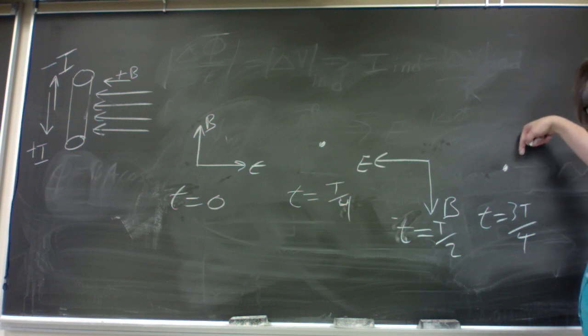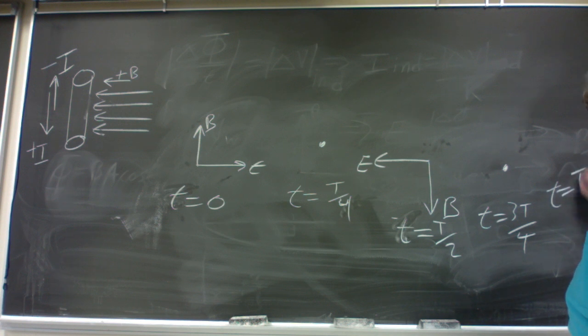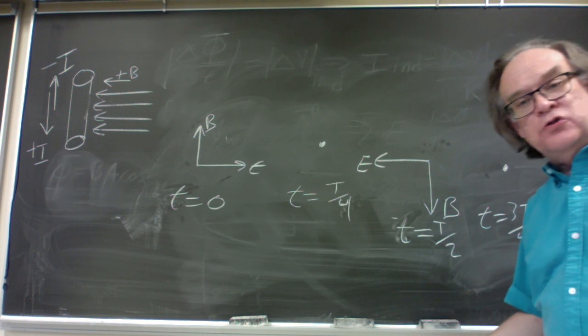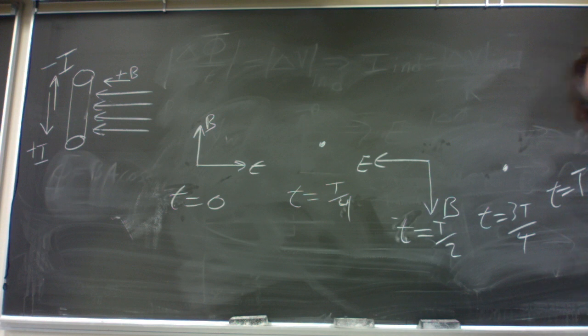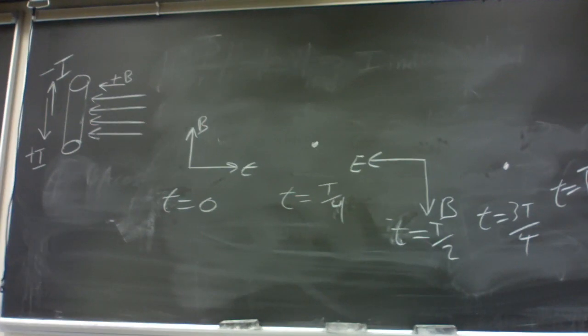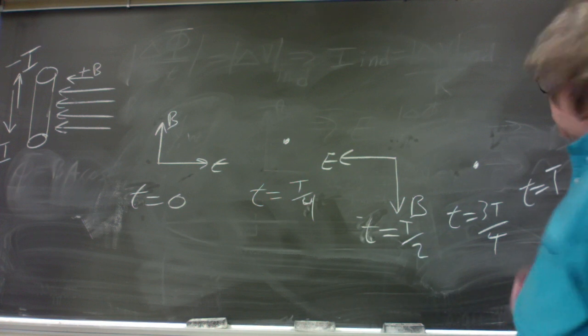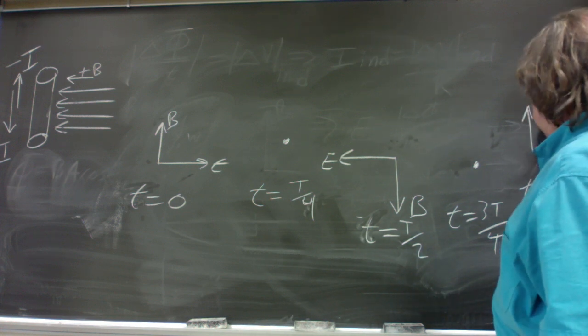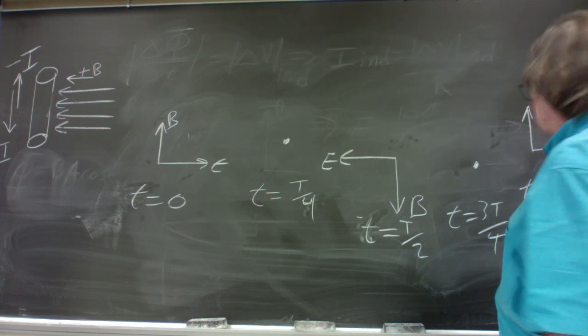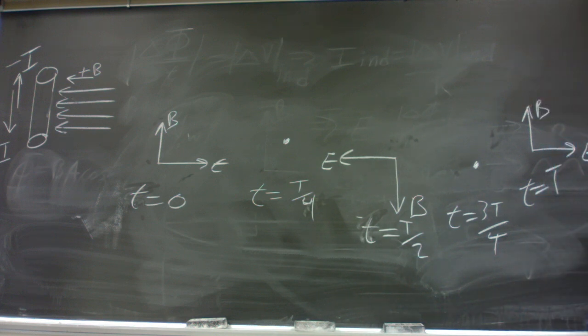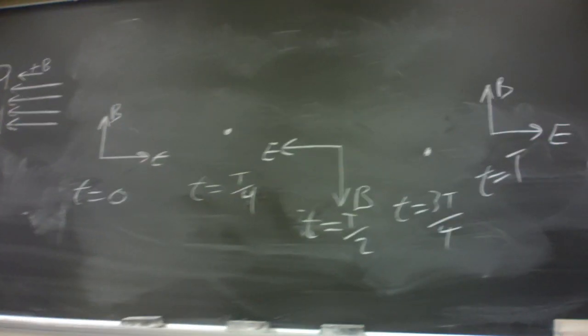And then a quarter cycle after that, you've gone through 4 quarter cycles, you've gone through 1 full period, so the system is right back to the state where it started. Like that.